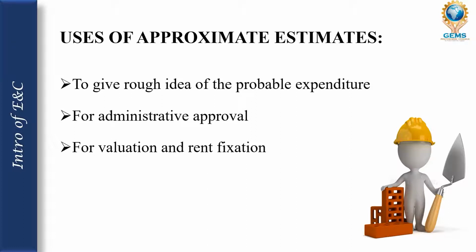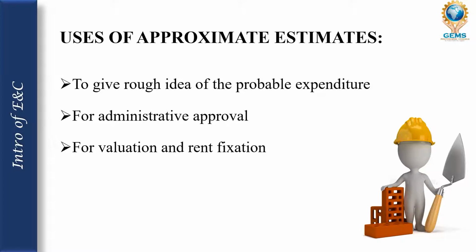For the administrative approval, we are using approximate estimate. If we have a correct approximate cost, meaning the overall budget for this building, only then can we get an administrative approval for that building.